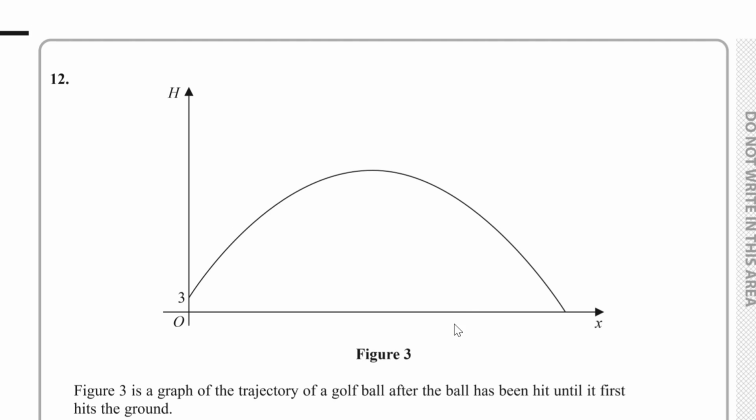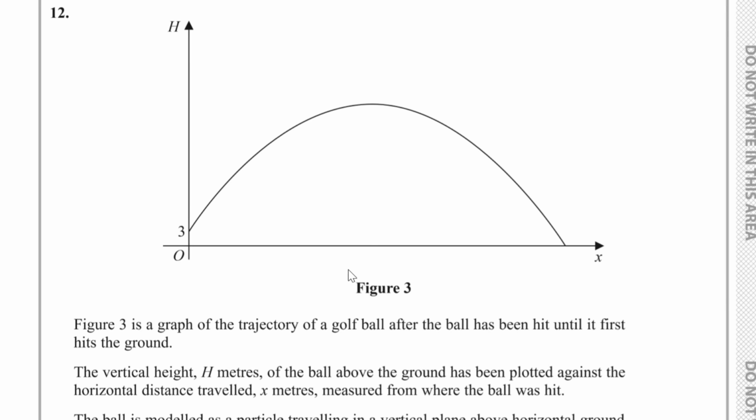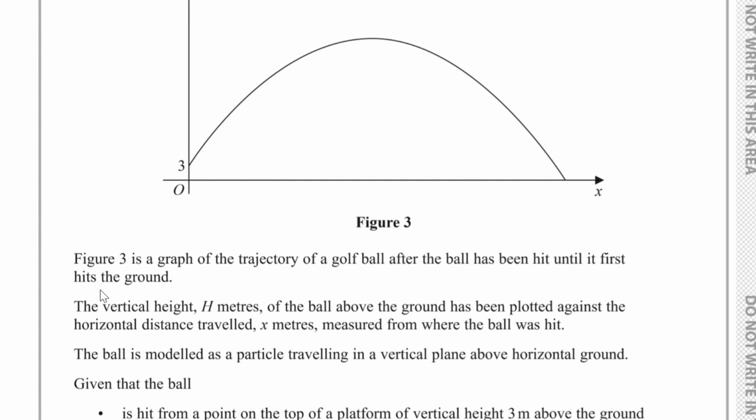Question number 12. We have figure 3 over here, and figure 3 is a graph of the trajectory of a golf ball after the ball has been hit until it first hits the ground. The vertical height h, meters, of the ball above the ground has been plotted against the horizontal distance travelled, x meters, measured from where the ball was hit.